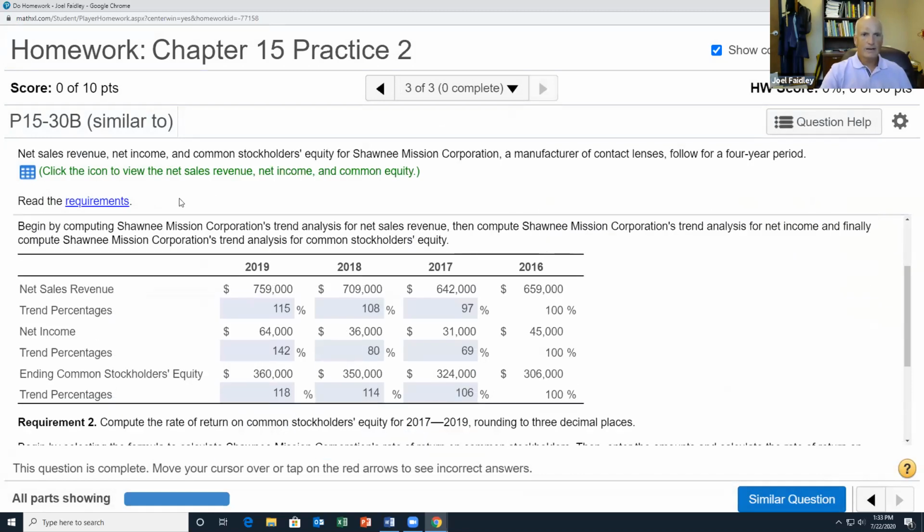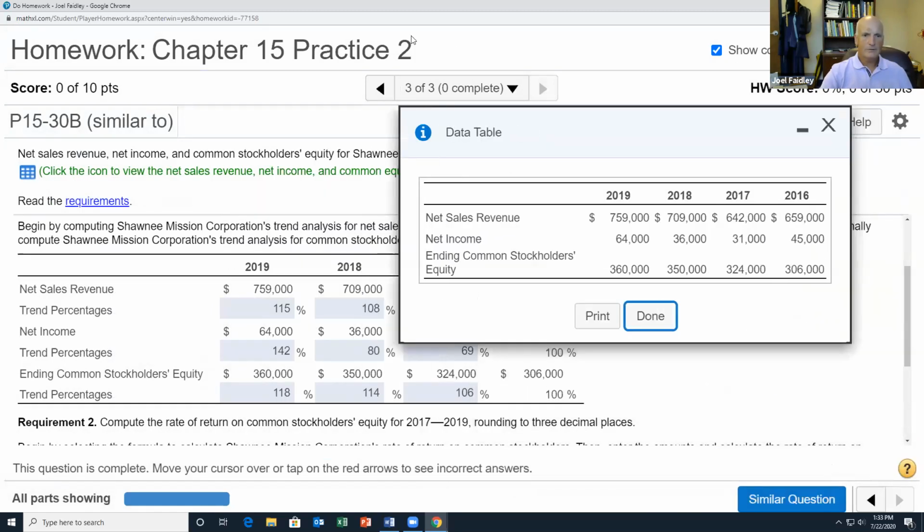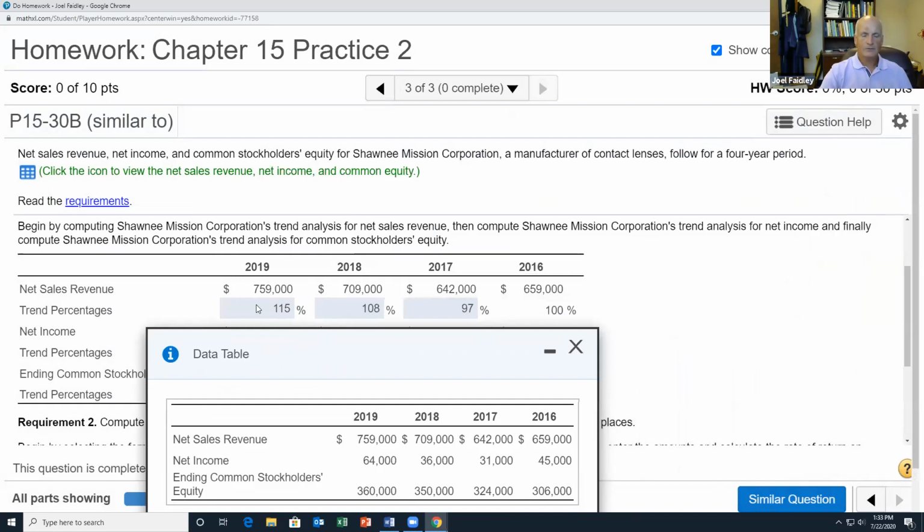Here we got a trend analysis. What's different about a trend analysis versus horizontal analysis? A trend analysis is you're going to use 2016, since that's the oldest year, that's going to be your base. The horizontal analysis you saw where the base changed each year because it's year over year. With trend analysis, everything is based on 2016.